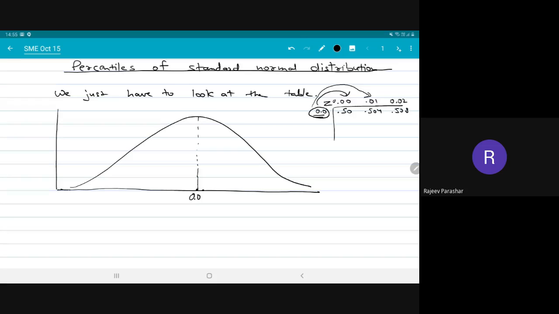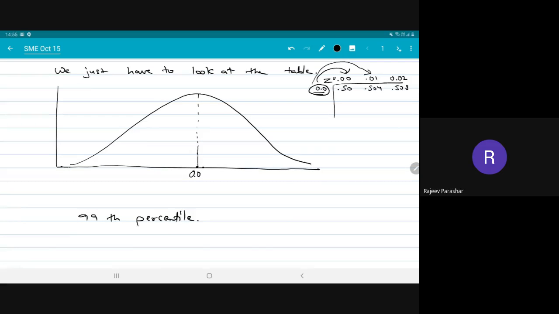Now, if we want to locate a percentile, let's say I want the 99th percentile, what do I have to do? I have to locate the value 0.9900 in the table.